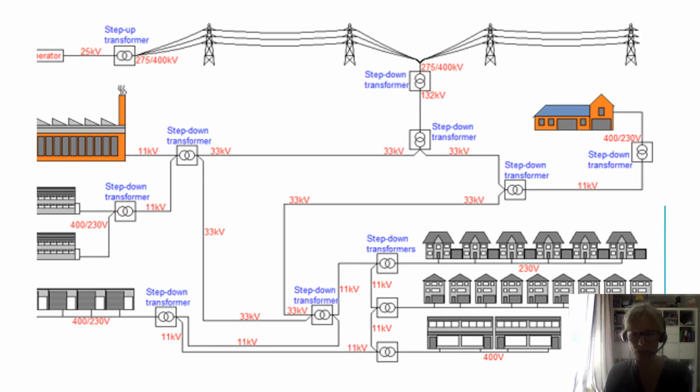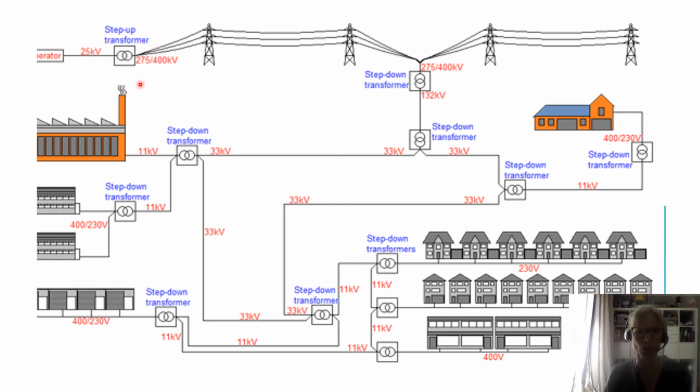Okay, so this looks like a confusing picture. It's not too bad. It's just telling you the generation here and the voltages that are at each stage, which again is something you should probably try and remember. It does come up quite frequently in the exam. So all power is generated at 25 kilovolts.